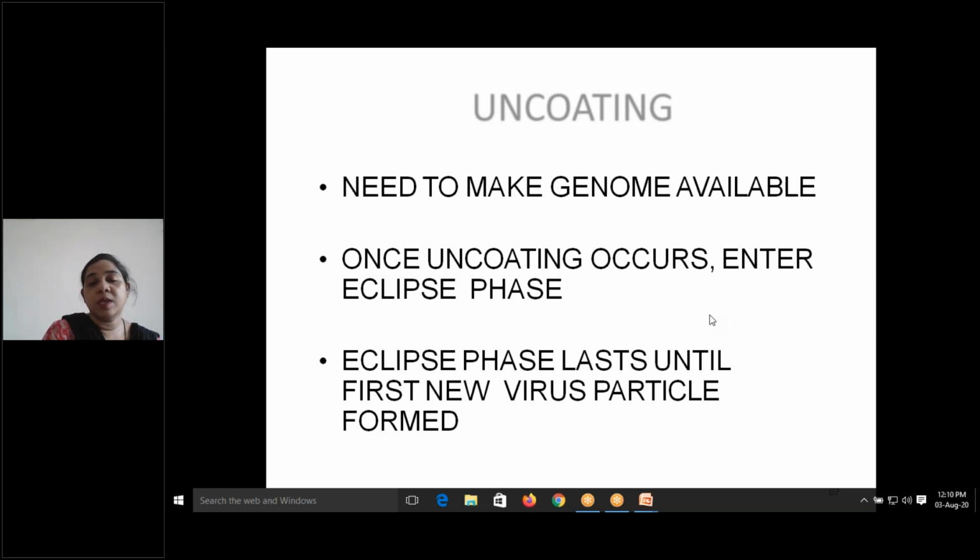After the viruses have entered the body and penetrated into the cell, uncoating takes place and the genome enters the cell. This period, when the genome enters a living cell and replication takes place until a new virus particle is formed, is called the eclipse phase.